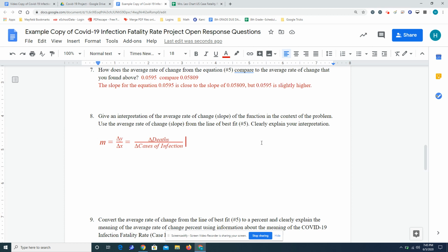So when I look at a slope like 0.0595, we're talking about the deaths per case of infection, okay? So 0.0595 deaths for every one case of infection.